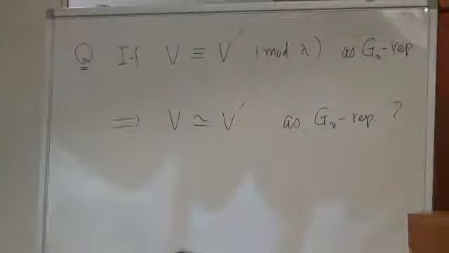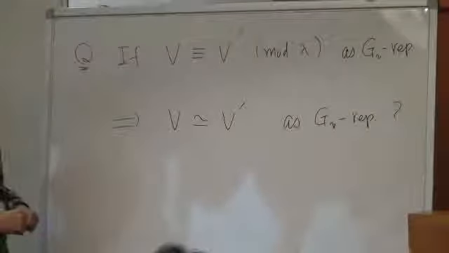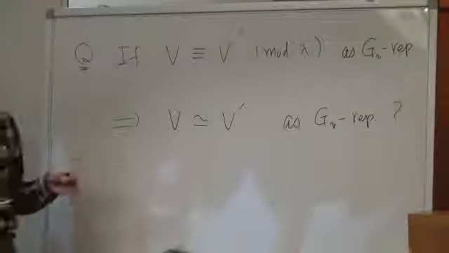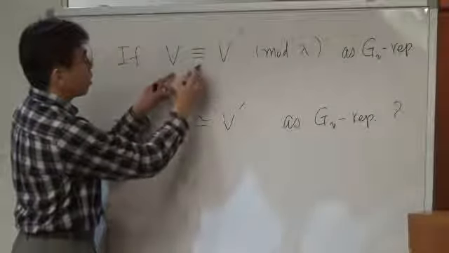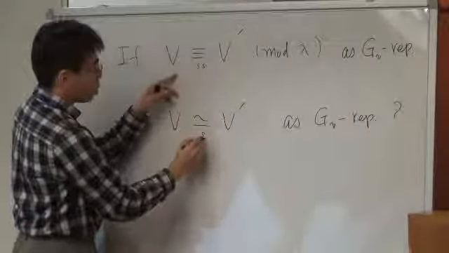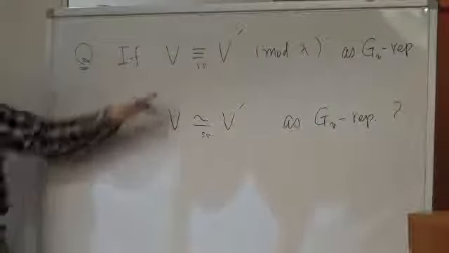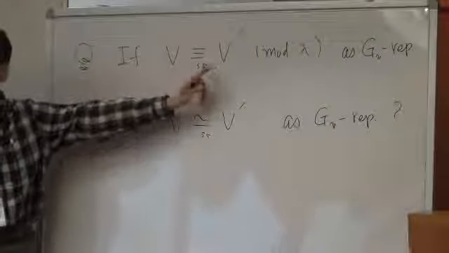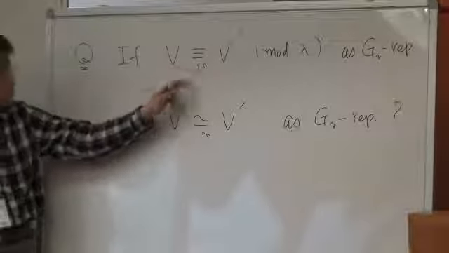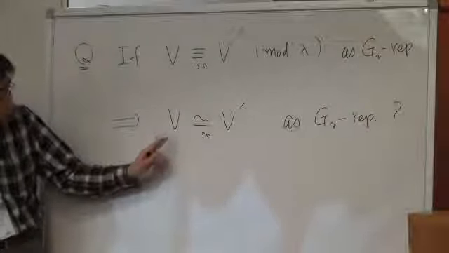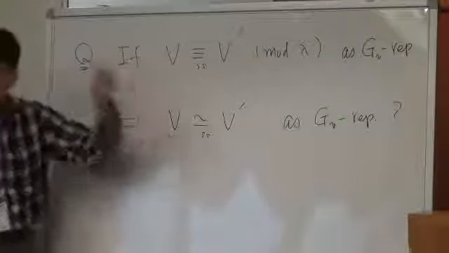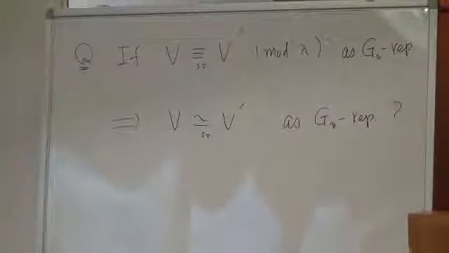In fact, we can only deal with their semi-simplifications, so I write SS here. If their semi-simplifications are congruent, then are the semi-simplifications of V and V prime isomorphic?